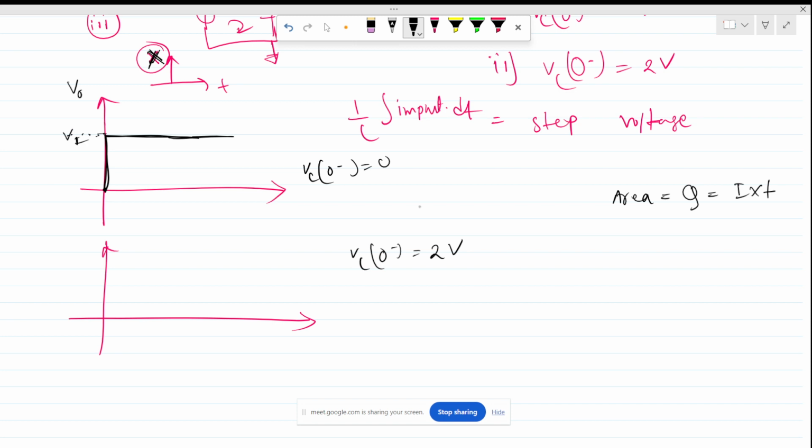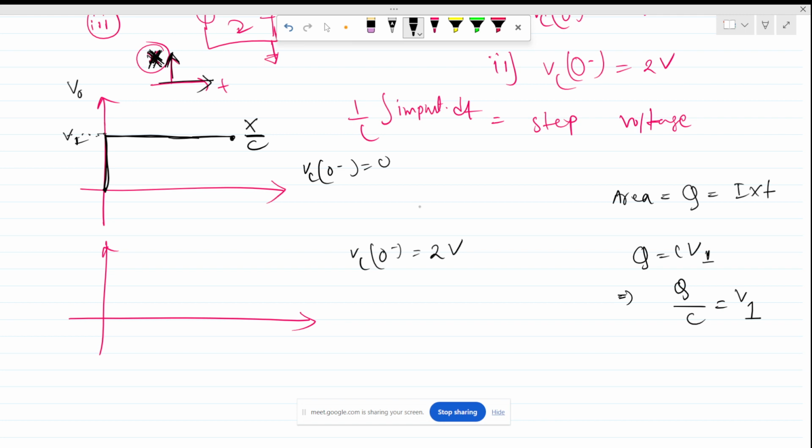We know that Q equals C V, so this voltage v1 will be nothing but Q by C. Here Q is nothing but our X. So the step voltage amplitude will be nothing but X by C. The impulse function we denote as an area, a special type of function, so the area or the height will be X, and X by C will be the amplitude of this step voltage.